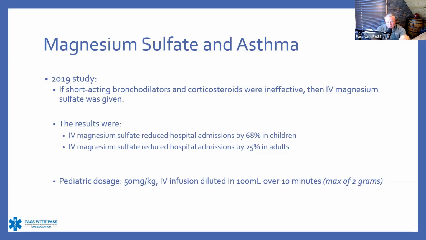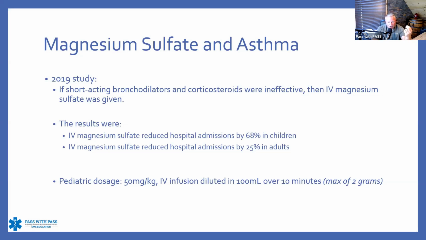So there is some evidence out there that magnesium sulfate is a good medication. It's a pretty safe medication. Clearly, we're giving it to your pregnant females, and it's a pregnancy category A. It can cause some untoward effects anytime you're giving electrolytes.